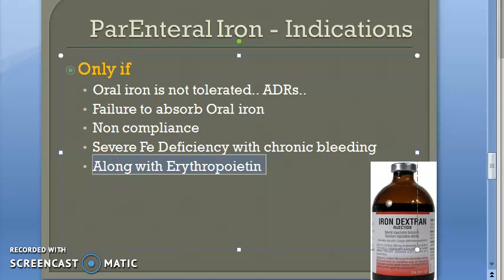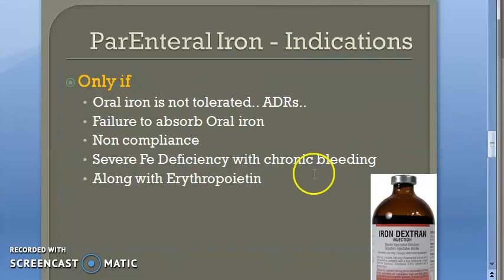Along with erythropoietin means, oral iron may not be absorbed if there is a demand for erythropoiesis and you want erythropoiesis to happen, and that is when you give parenteral iron. Just write here along with erythropoietin for rapid RBC synthesis.